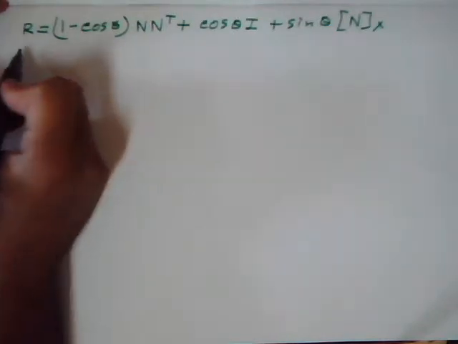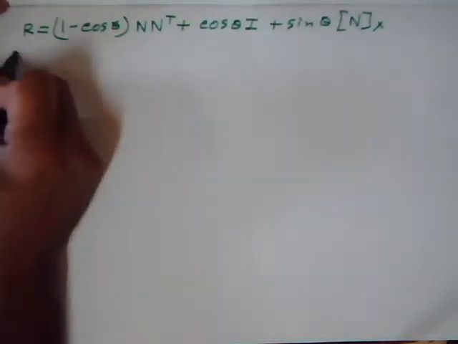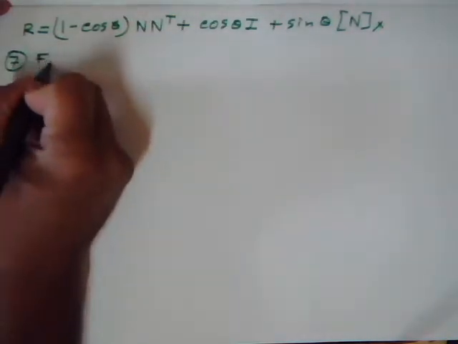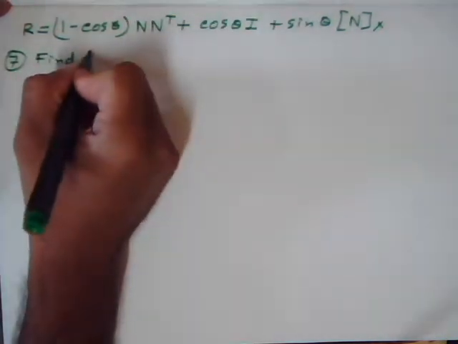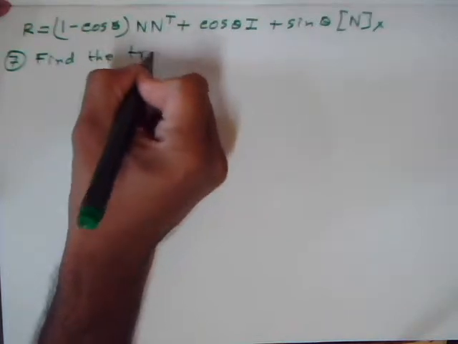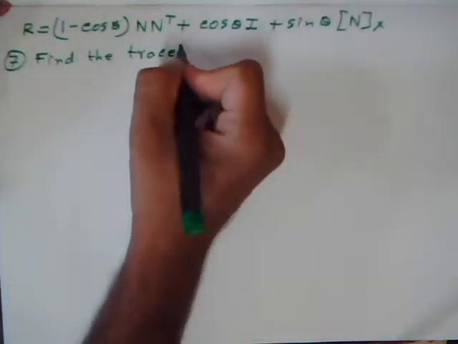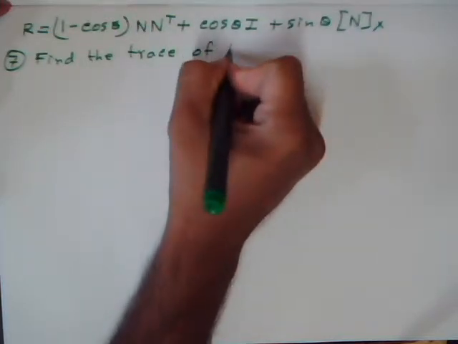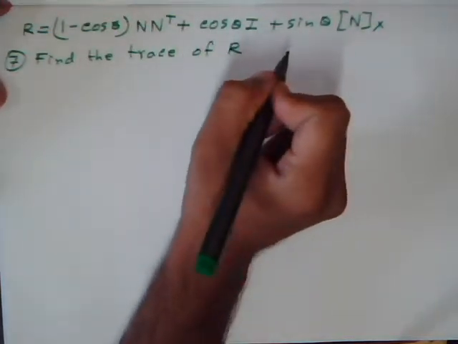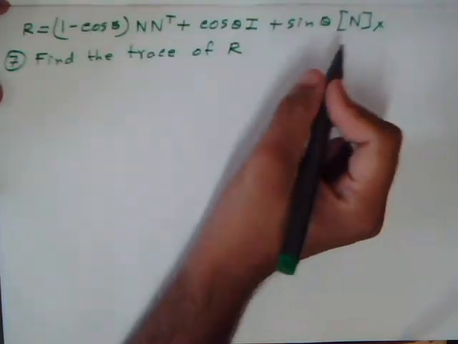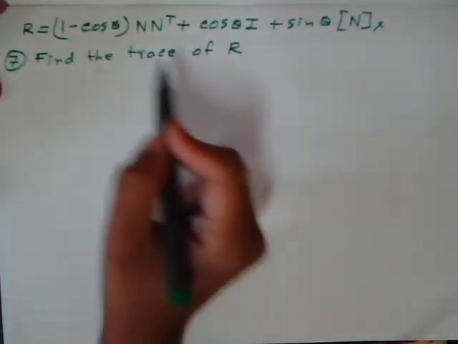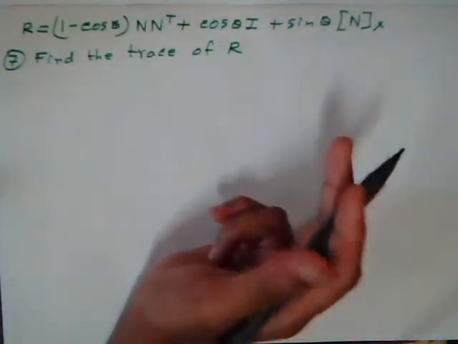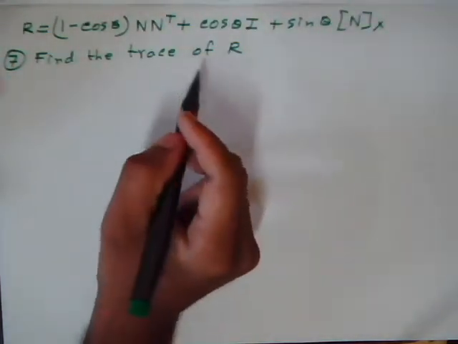Now, given this form of the rotation matrix, question for you is to find the trace, or the sum of the three diagonal elements of the rotation matrix R, in terms of theta and maybe the axis of rotation.